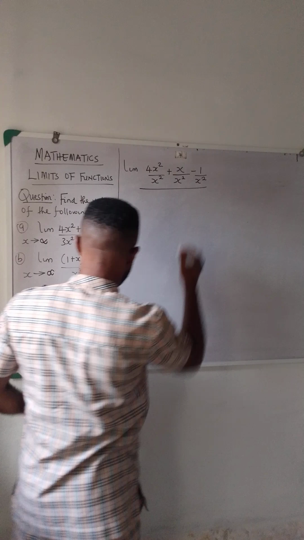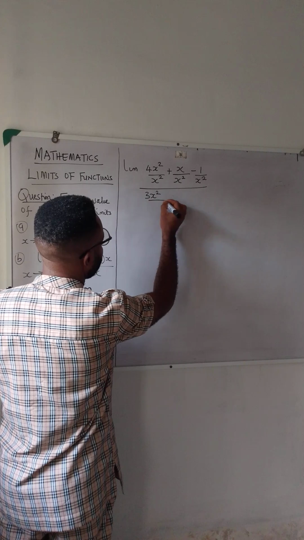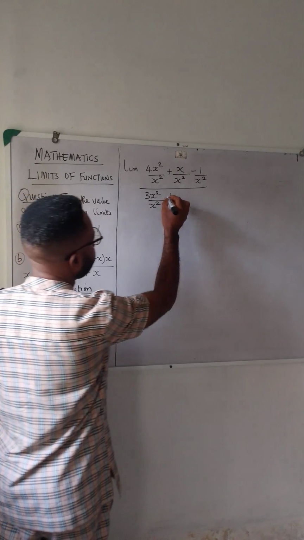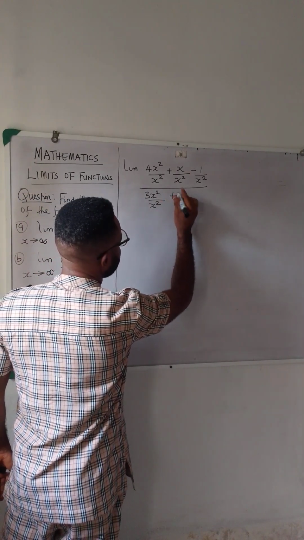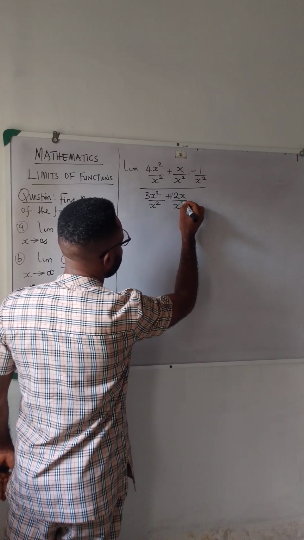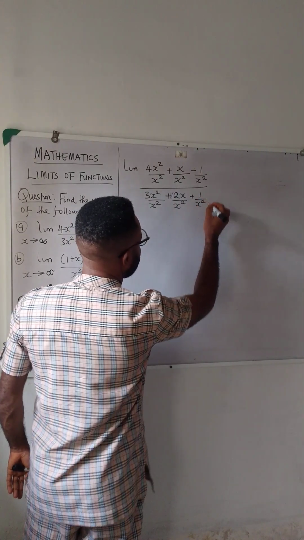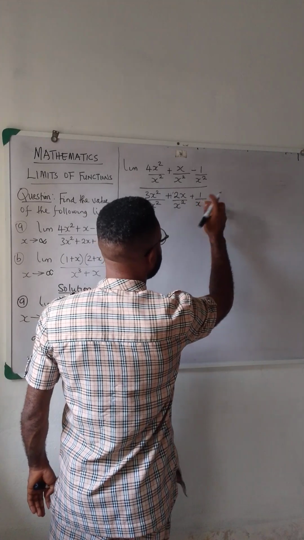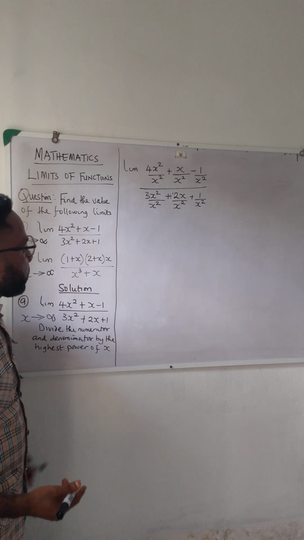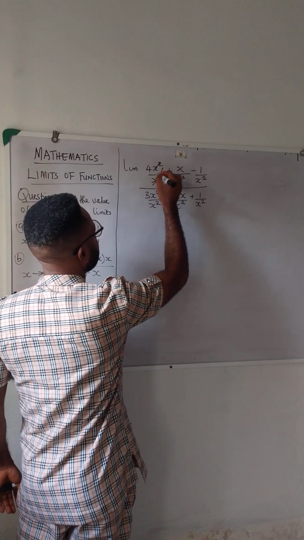And then for the denominator, we have 3x squared all over x squared, plus 2x all over x squared, plus 1 all over x squared. So we've been able to implement this mathematical statement, and we can now cancel out. Here will be 1, here will be 1.